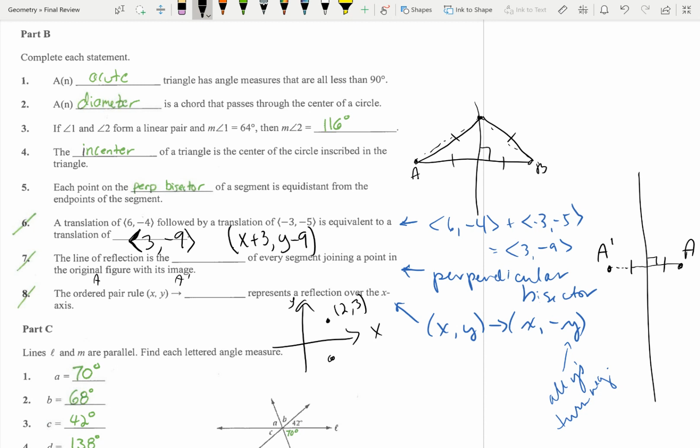If I reflect it, then the x-coordinate isn't going to change, but the y-coordinate will be opposite, right? Because the distance from here to the x-axis is the same as the distance there. So the y-coordinate changes sign, the x-coordinate is the same, so that's going to be the same x value and the opposite y value.